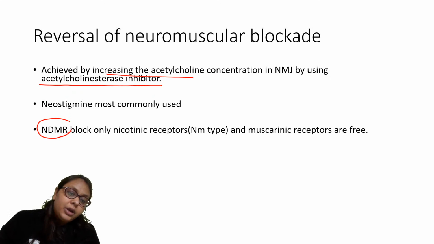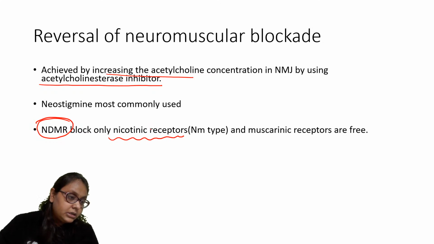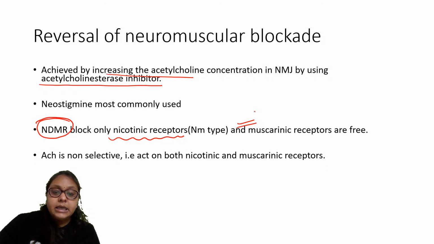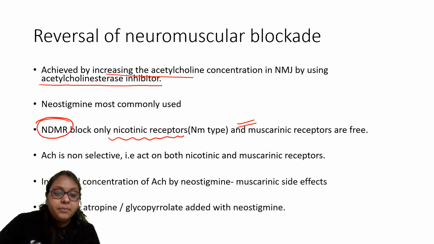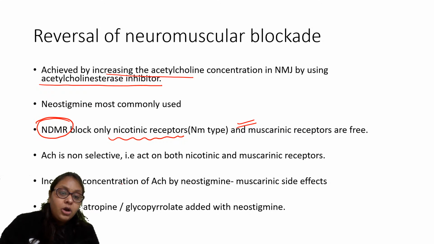बट हमने देखा था ये जो NDMRs थे, they were blocking only the nicotinic receptors. muscarinic receptors को नहीं कर रहे थे. ठीक है. But whenever there is increased concentration of acetylcholine by neostigmine, there are muscarinic side effects.